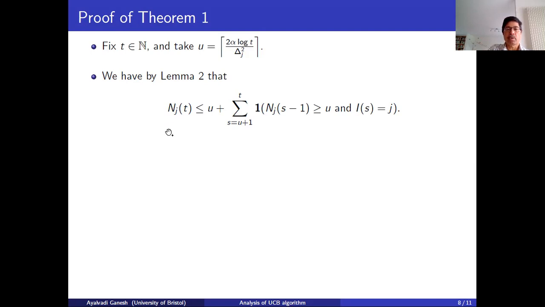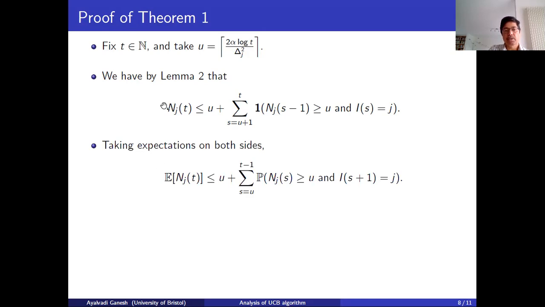Okay, so we have this inequality, and now in this inequality, everything here is a random variable. So we are going to take expectations now. If we take expectations on both sides, we have the expectation of njt. u is a number, not a random variable. It's a number that depends on t and j. And on the right-hand side we are taking the expectation of a sum. Let me remind you of a well-known property of expectations, which is linearity.